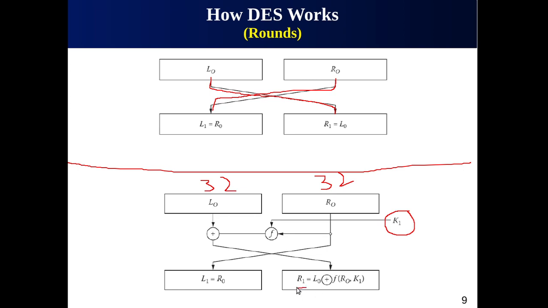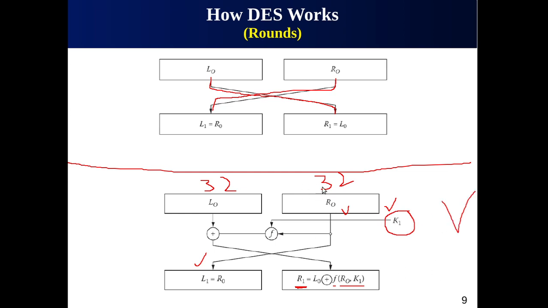So in the next round, R1 is equal to the left hand side 32 bits, L0, exclusive ORed with the function, whose two inputs are R0 and K1. However, the other side is simple. R0 will become, in the next round, the left hand side without applying any function and without applying an exclusive OR operation on it. It has to go through 16 rounds, the total number of rounds, and this step happens in each round.